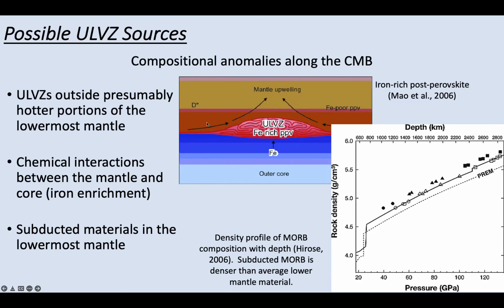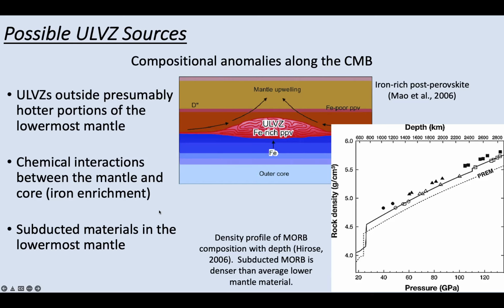And that's what this picture here, in the middle of the slide, is meant to represent. This is a cartoon from a study by Mao et al. 2006, illustrating this chemical interaction where you get iron enriched post-perovskite that might be associated with ULVZ structure.